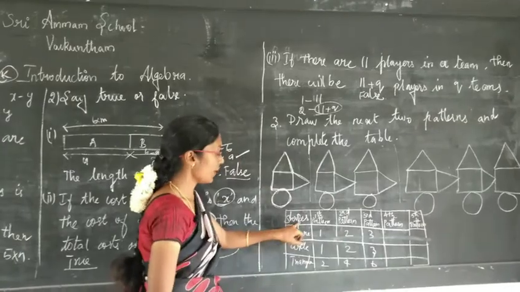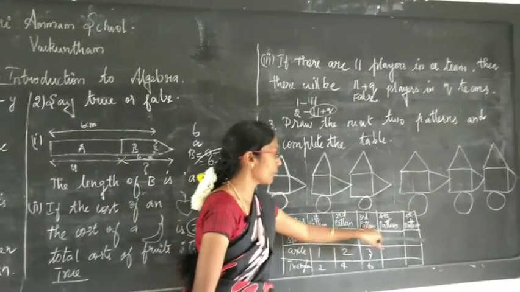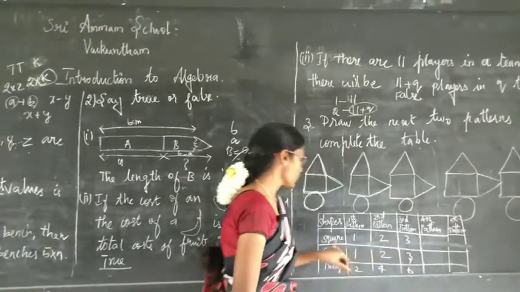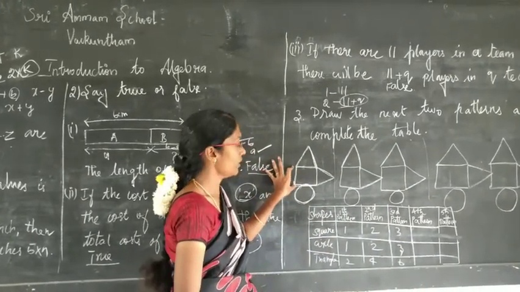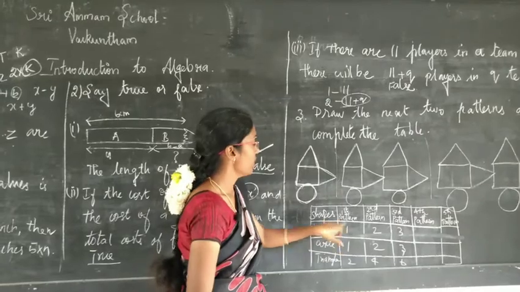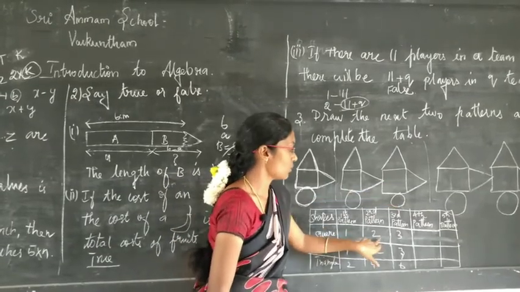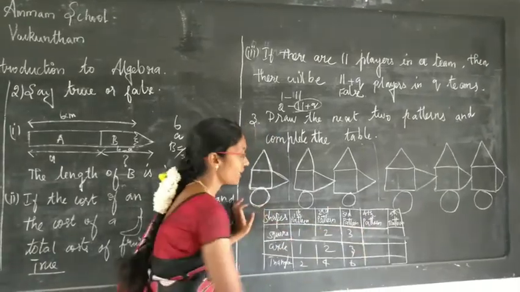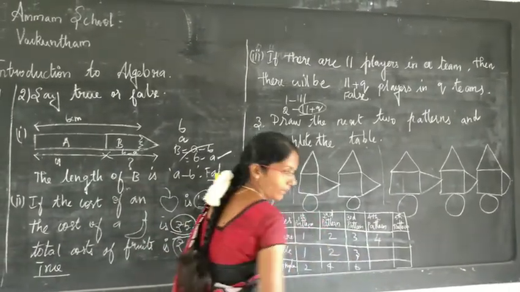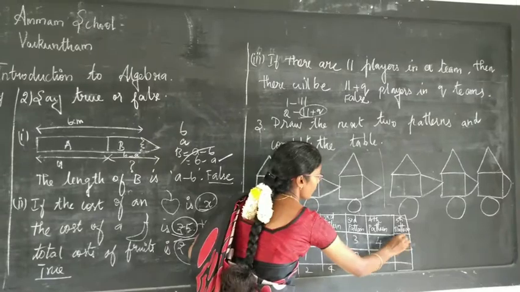So see here, shapes: first pattern, second pattern, third pattern, fourth pattern and fifth pattern. Square consists of how many squares in the first pattern? Only one square. So 1. Second pattern, 2 squares. Third pattern, 3 squares. Fourth pattern, 4 squares. And fifth pattern, 5 squares.